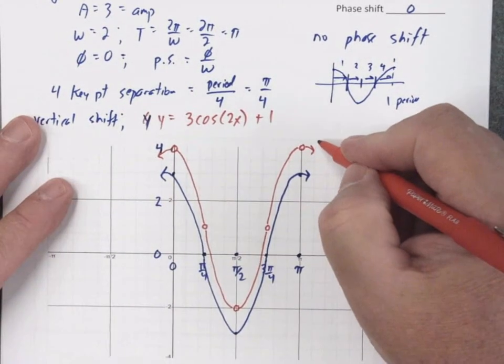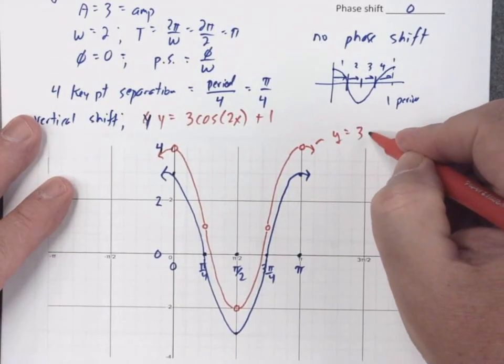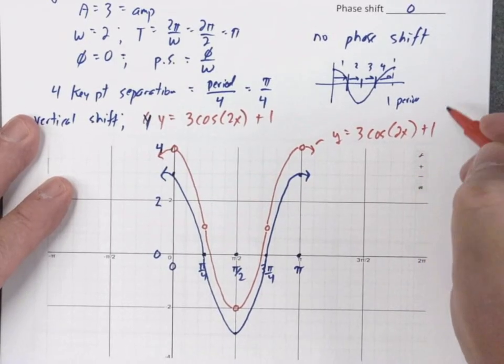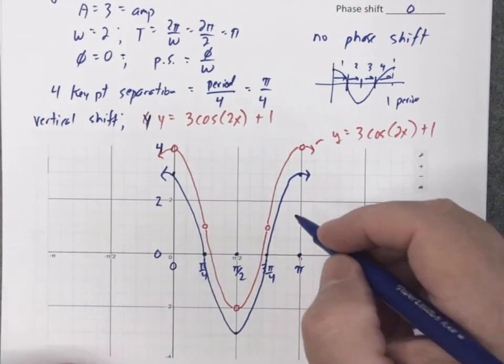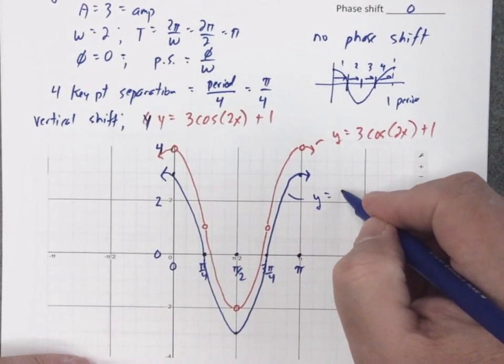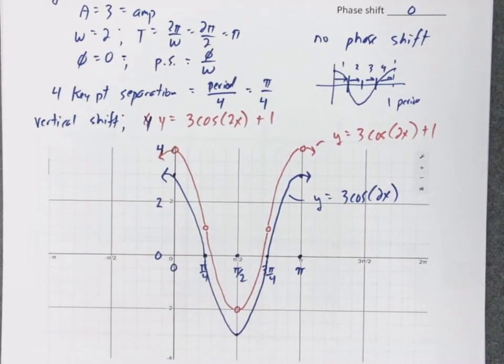So this red line is the graph of 3 cosine 2x plus 1. And this original graph, the blue graph, is the graph of y equals 3 cosine 2x.